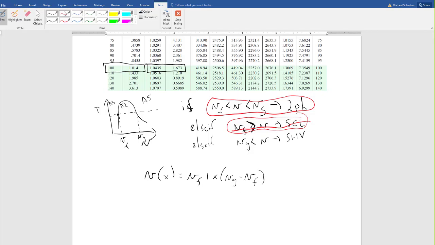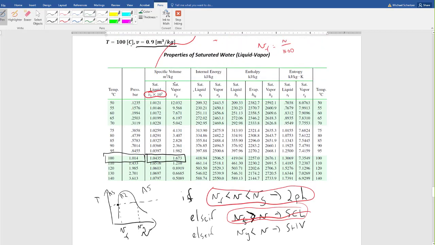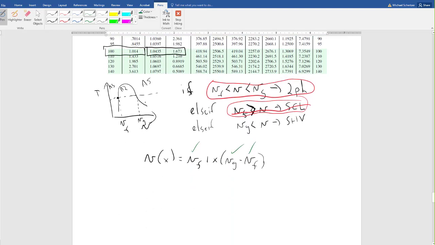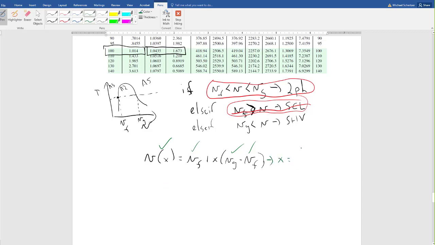When I look at this equation, the good news is I know vf and I know vg, and the problem told me the specific volume at the given quality. So I'm going to rearrange this equation for quality: x is equal to (v minus vf) divided by (vg minus vf).